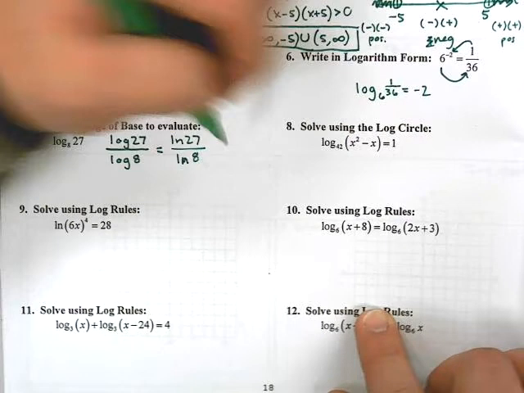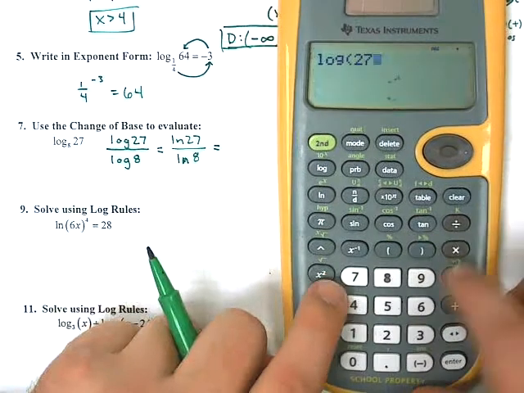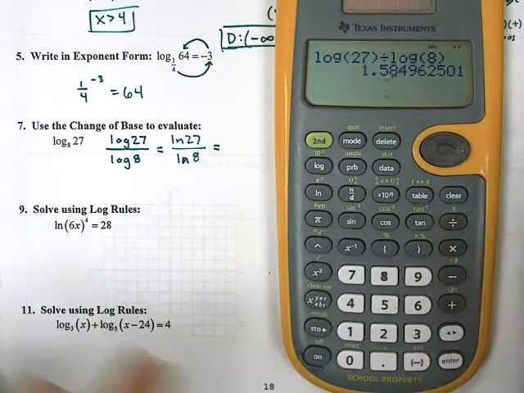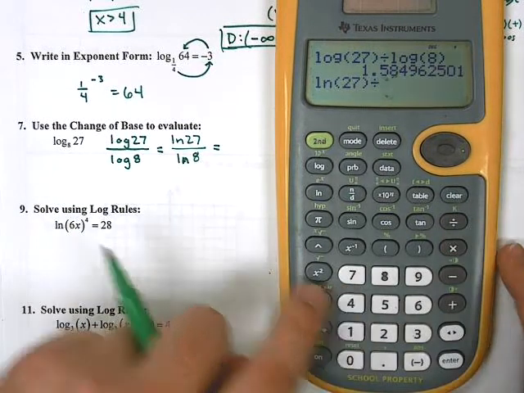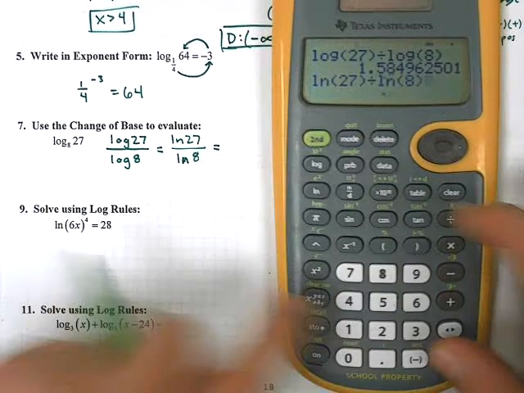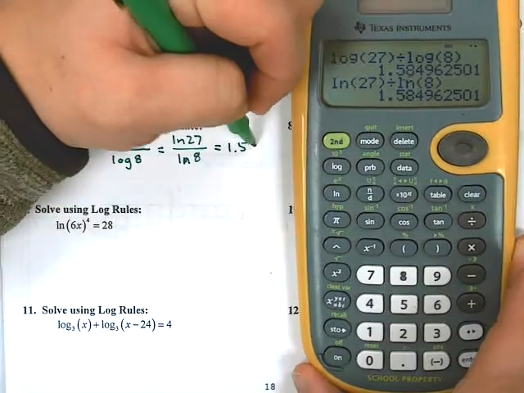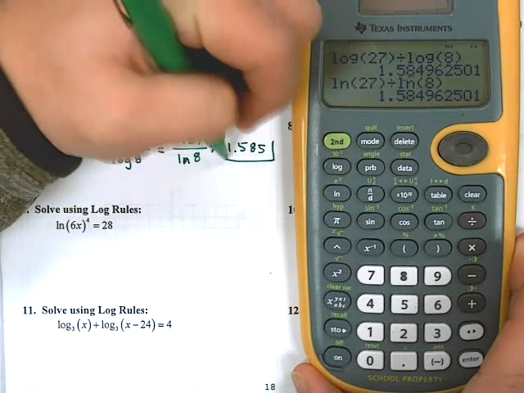These would be the same thing. And both of them, what do we got? Log 27 divided by log 8, 1.58. Let's just double check this so you guys believe me. Doesn't matter which log you use, but we would write 1.585, or approximately, I should say. Alright.